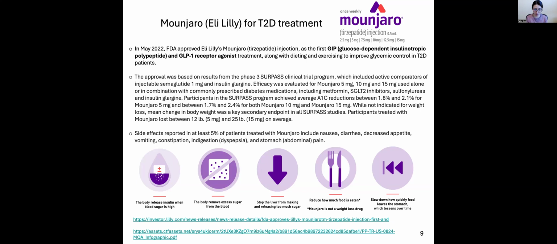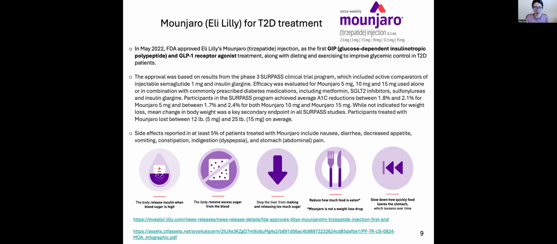And Mounjaro would stop the liver from making and releasing too much sugar. We know that is inhibition of hepatic gluconeogenesis after taking a meal. And as mentioned, there is an effect on appetite and food intake. So Mounjaro can reduce how much food is eaten. Last but not least, Mounjaro also slows down how quickly the food leaves our stomach.